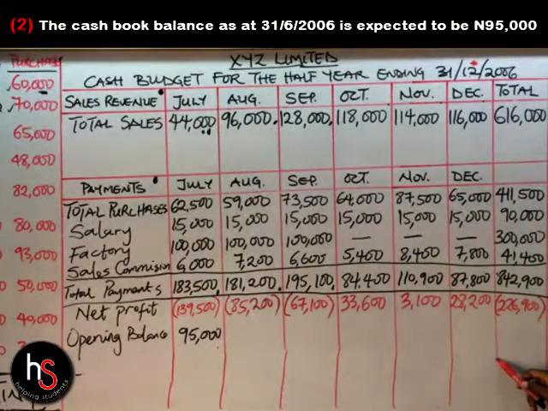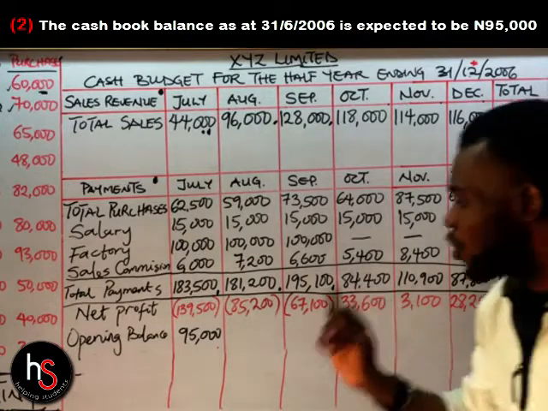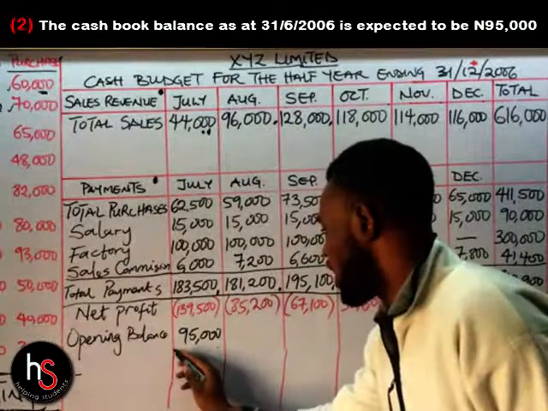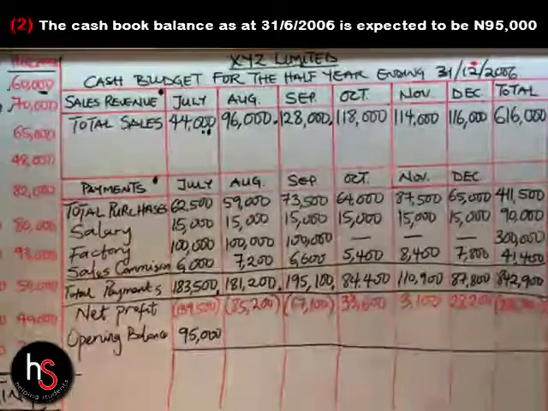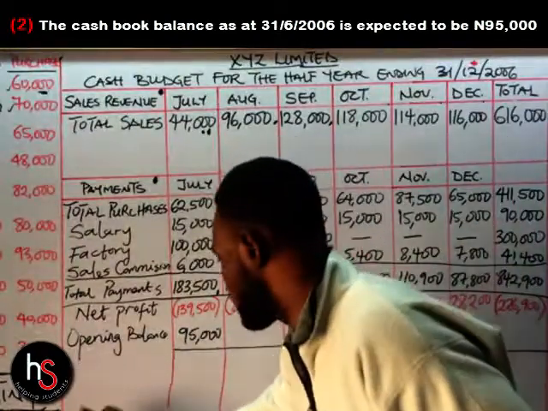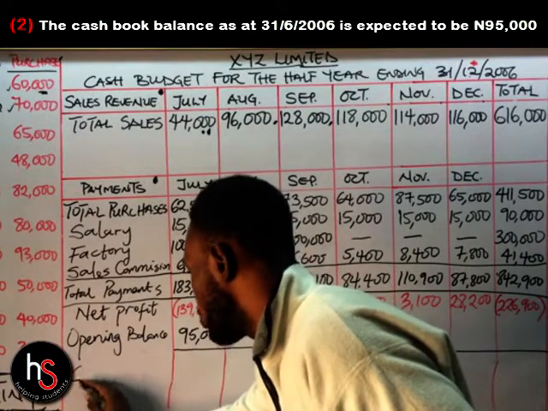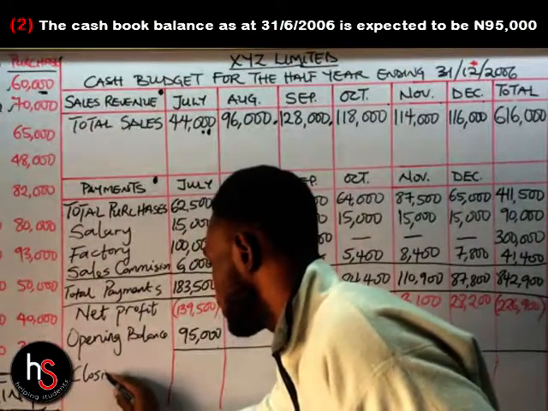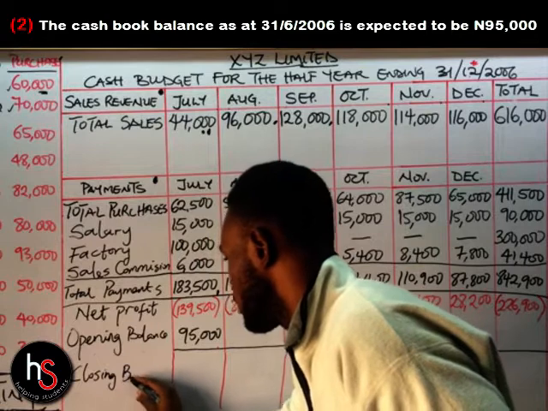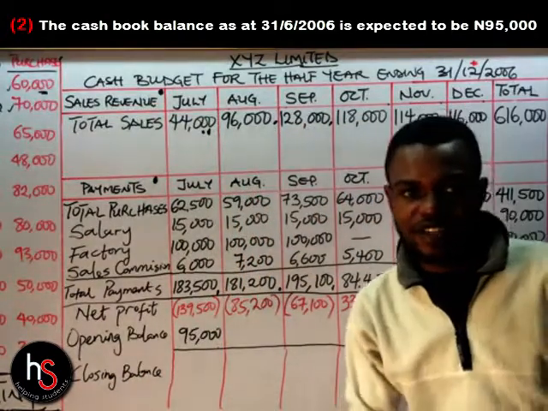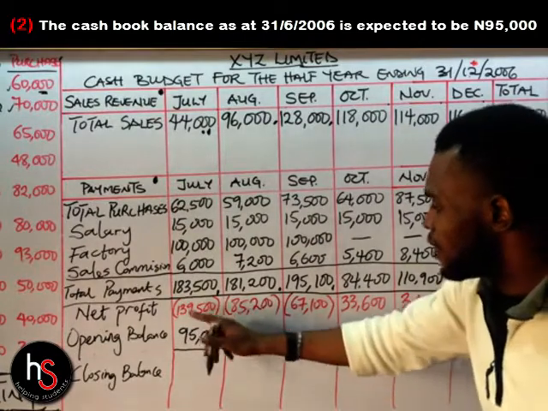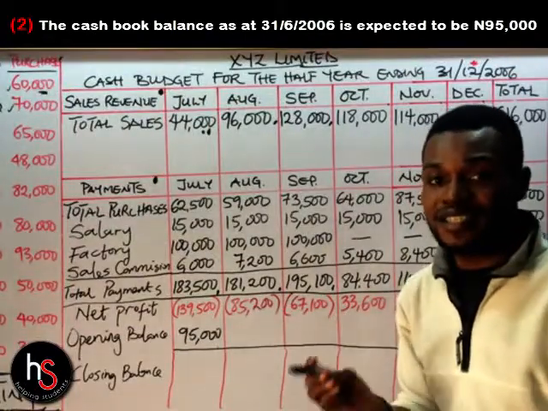So, let us proceed. Now we're going to determine our opening balance and the closing balance. This is the opening balance, and below we have the closing balance. Take note of the steps. Remember, the bracket sign simply means it is a minus sign.